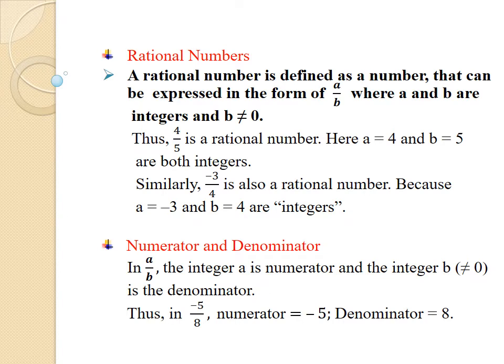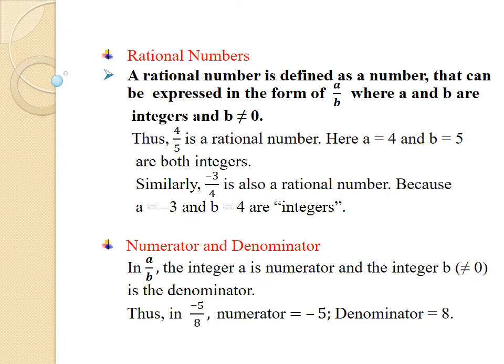Here, a equals 4 and b equals 5 are both integers. Similarly, minus 3 upon 4 is also a rational number because a equals minus 3 and b equals 4 are integers.